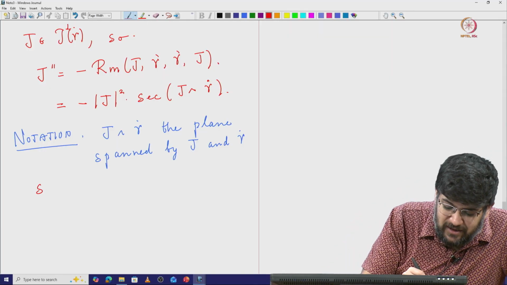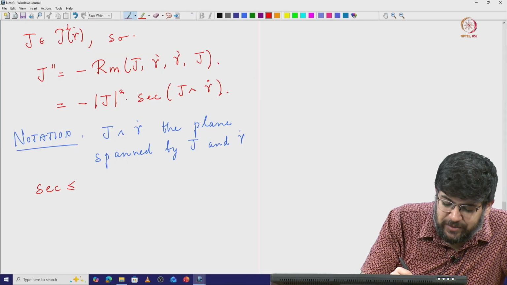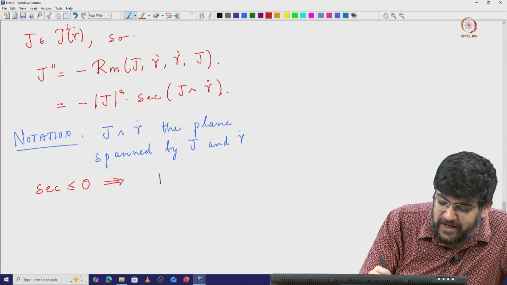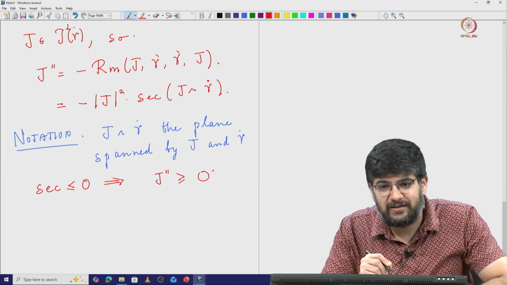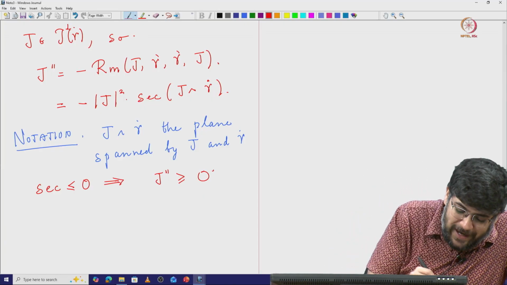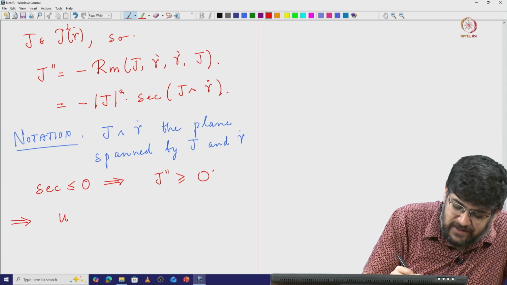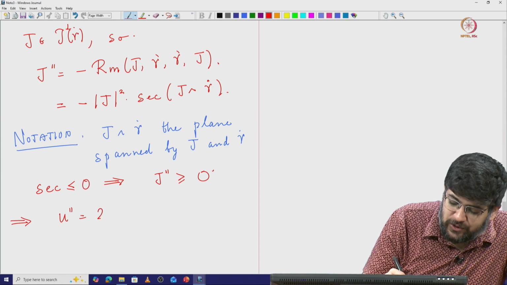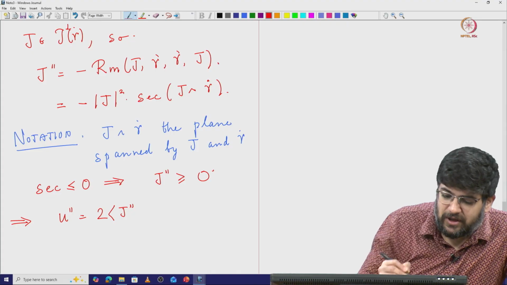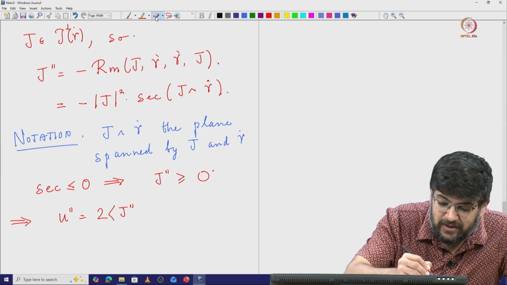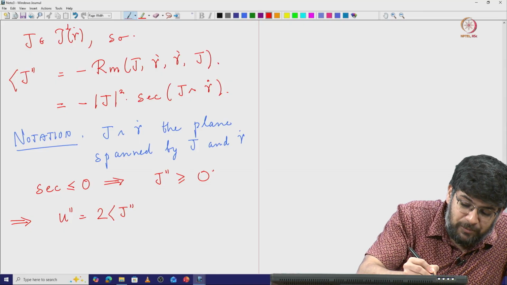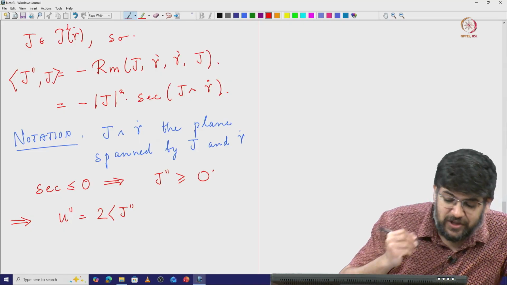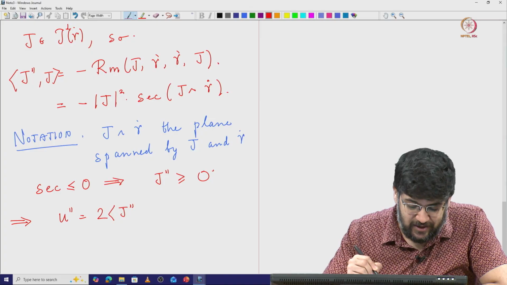So, but then the sectional curvature being non-positive implies that the inner product of J double prime with J is non-negative, because there is a negative sign here, right. So, if you go back to our calculation, this implies that U double prime, which was 2 times the inner product of J double prime with J, this is given by this curvature term, right.